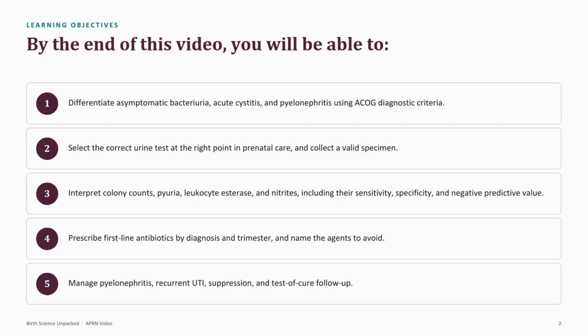Interpret colony counts, pyuria, leukocyte esterase, and nitrites, including their sensitivity, specificity, and negative predictive value. Prescribe first-line antibiotics by diagnosis and trimester, and name the agents to avoid. Manage pyelonephritis, recurrent UTI, suppression, and test of cure follow-up.